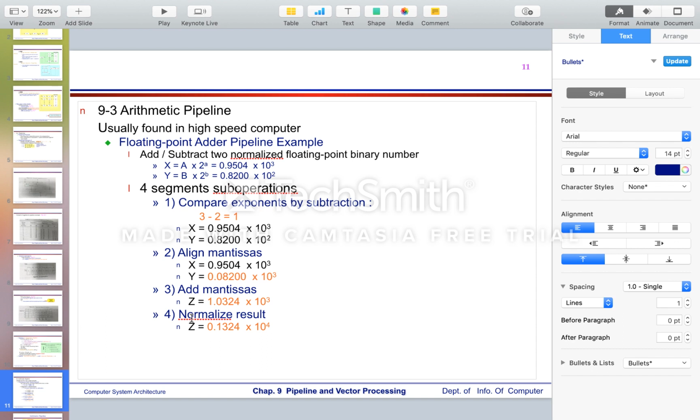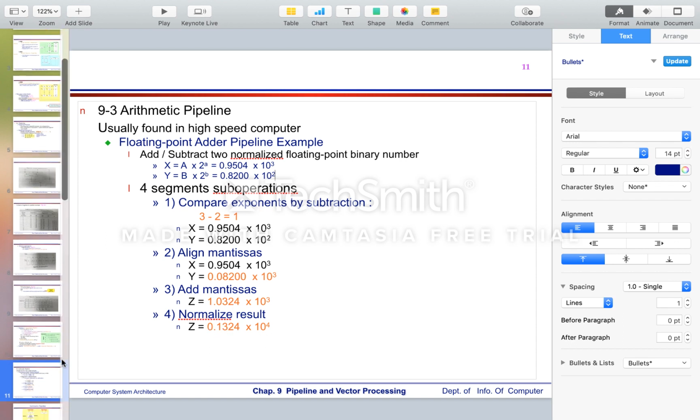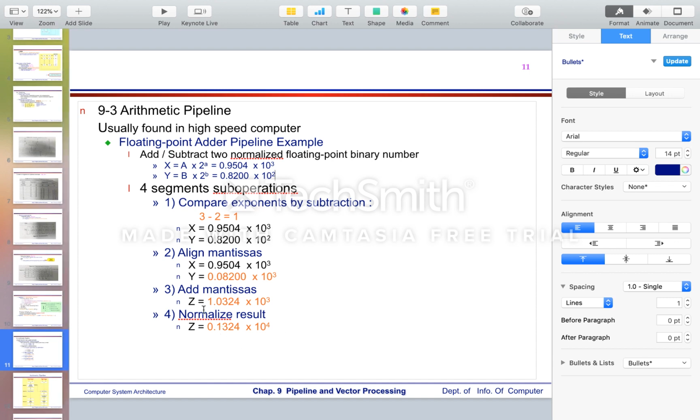How to normalize the result? By shifting the mantissa once to the right, and if we are shifting it, we have to increment the exponent. So we shift the mantissa of z to the right, and it will become 0.10324 into 10 to the power 4. So this will be your final result.